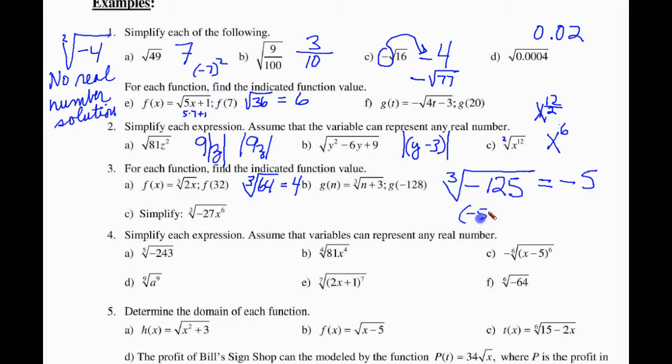Because a negative 5 times a negative 5 times a negative 5 gives you a negative 125. Odd number of negative signs give you a negative. So as long as the index number is odd, it's okay. If the index number is even and there is a negative under the radical, that is not a real number.